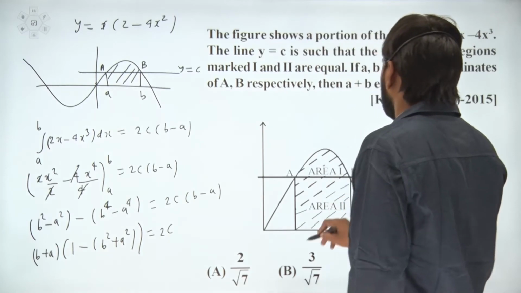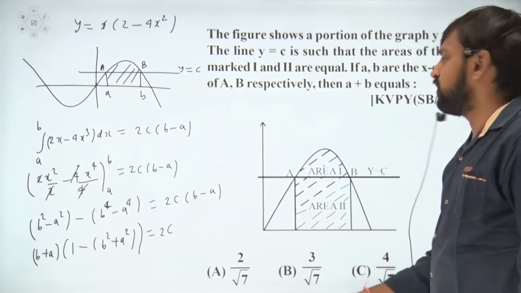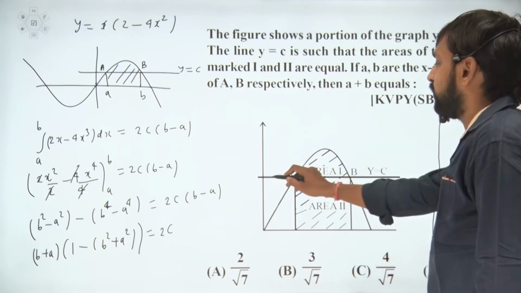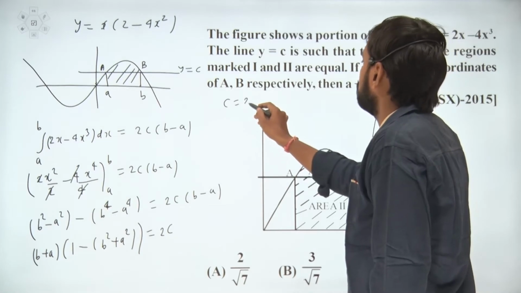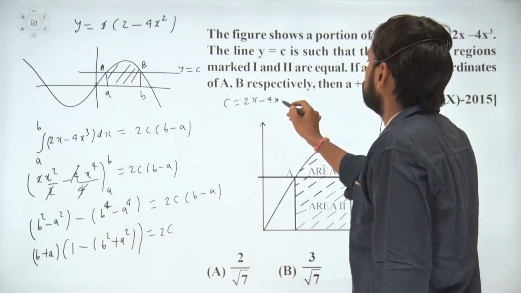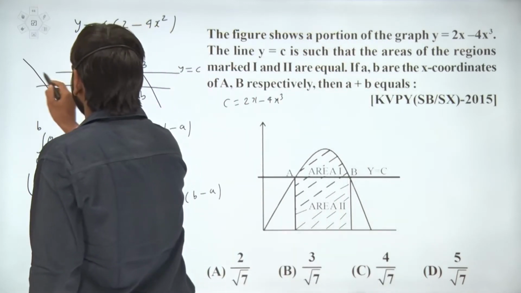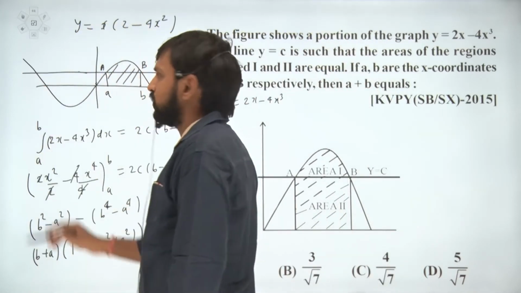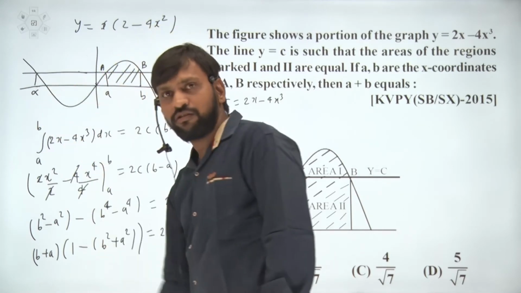Now this graph is the graph of 2x minus 4x cube and the line y equal to c cuts this graph. So from here we can say c will be 2x minus 4x cube. Now let us suppose these two roots are a and b, and let us suppose the third root of that expression is alpha.